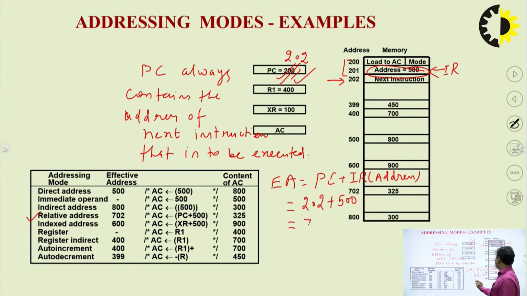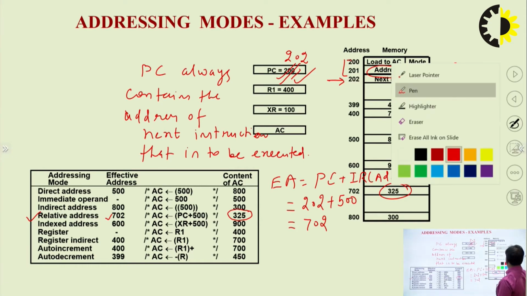That means the effective address is 702. And what is the content at 702? That is the operand value, 325. So the accumulator will have the value 325. So this is the definition of the relative addressing mode.